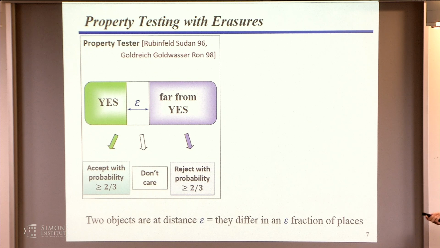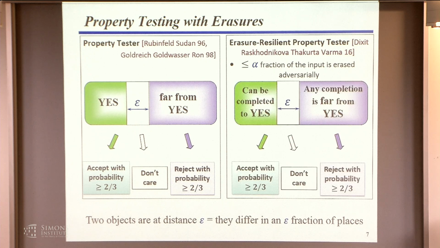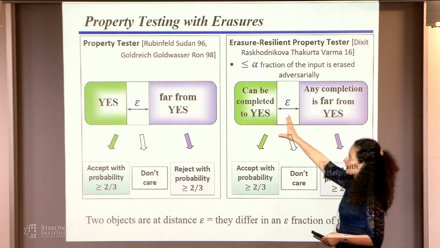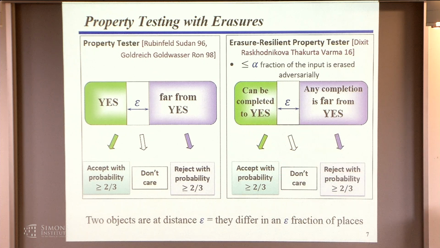The analogous model for testing with erasures is as follows. We have our parameter alpha, so at most an alpha fraction of the input bits, or input characters, is erased. We want to answer yes if we can fill in the erasures in such a way that the answer could have been yes.